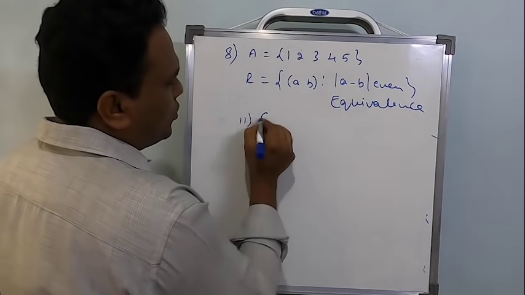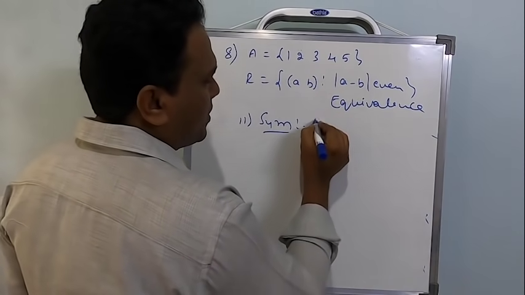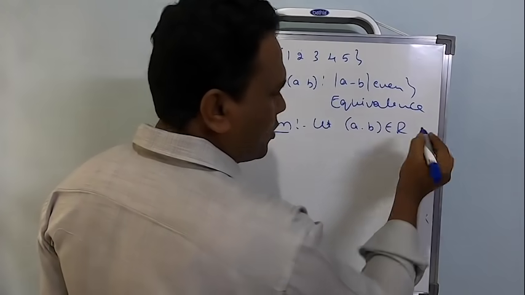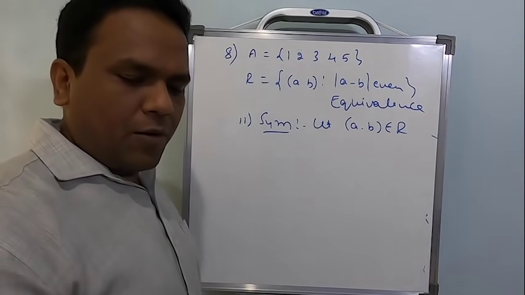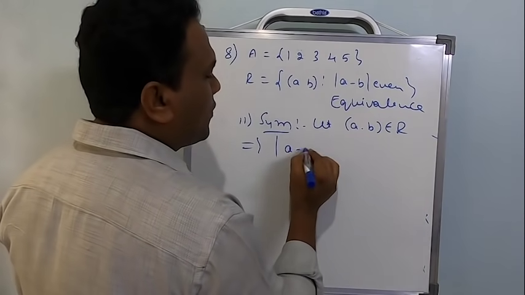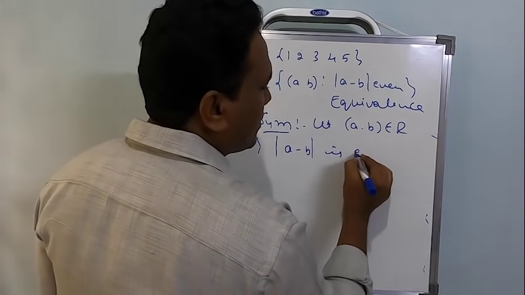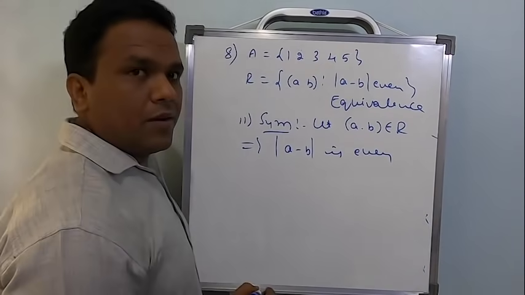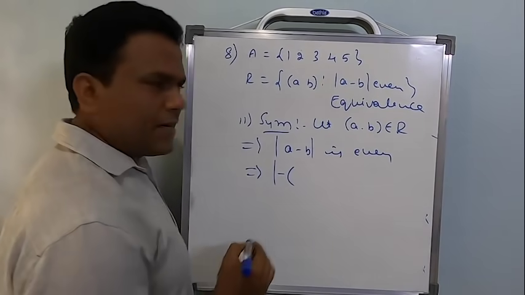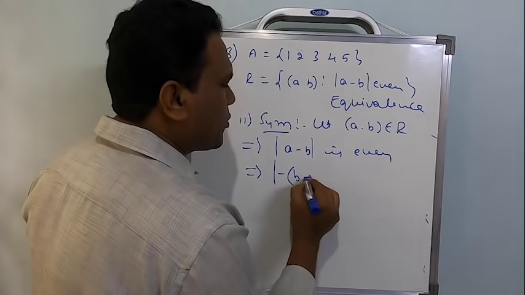Now to check for symmetric, let us start with the ordered pair (A, B) belongs to R. According to the given relation, mod of A minus B is even. Let me take a minus common here.